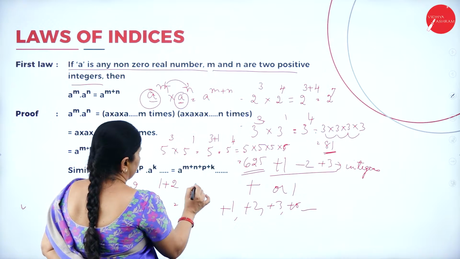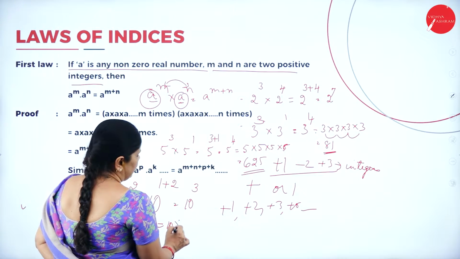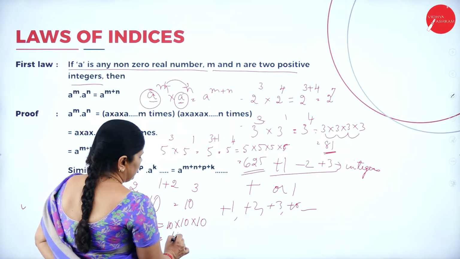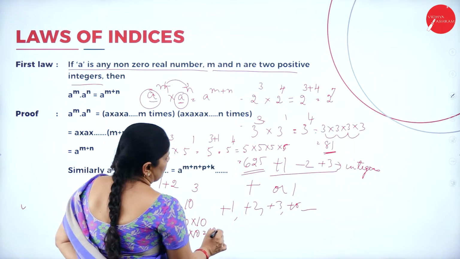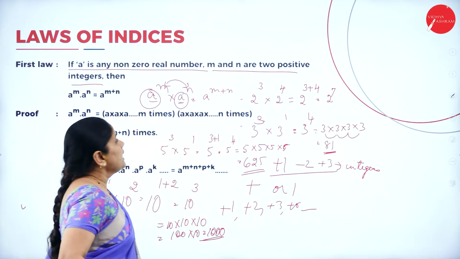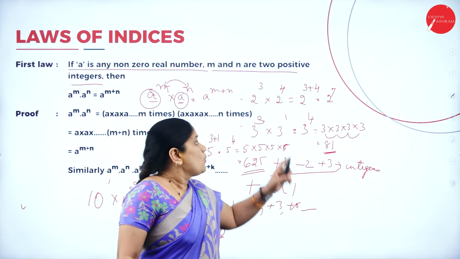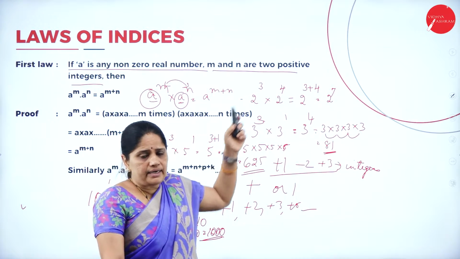That will be 10 to the power 3. So, this will be 10 into 10 into 10. So, this will be 100 into 10, that is 1000. So, what does the first law of indices tell us? When the bases are same, the powers can be added.